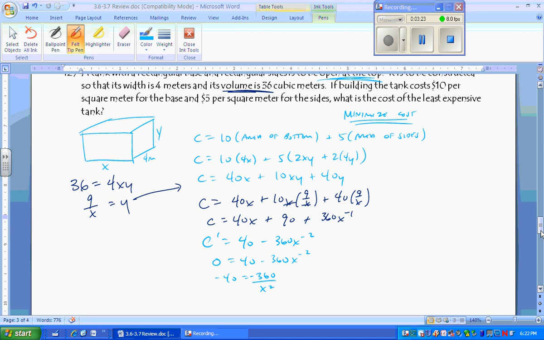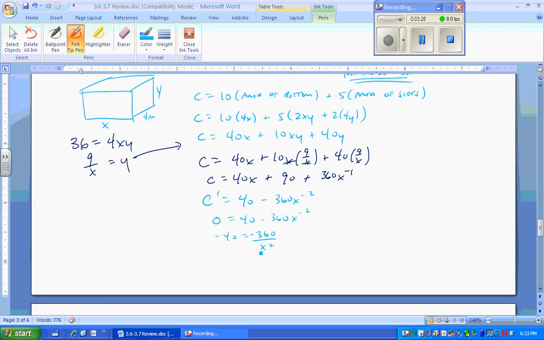We can write it that way. And if we multiply both sides by x squared, we have negative 40x squared equals negative 360. Divide both sides by negative 40. X squared equals 9. Take the square root, we get x equals 3.